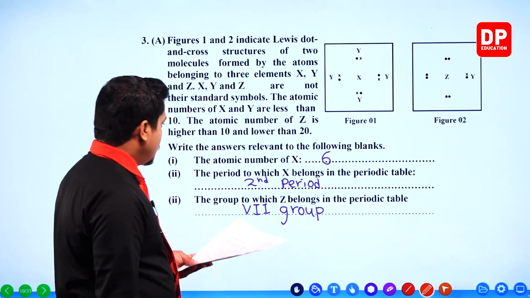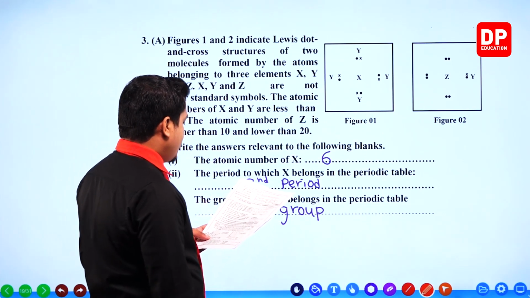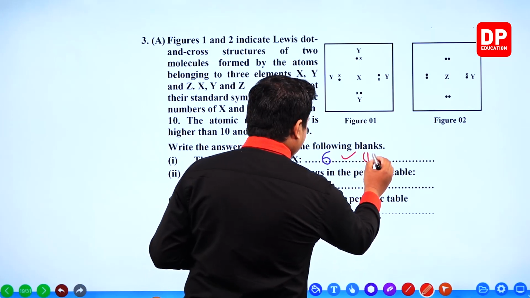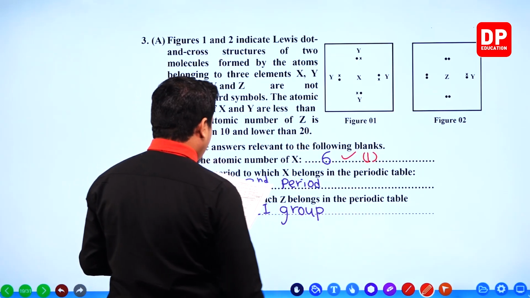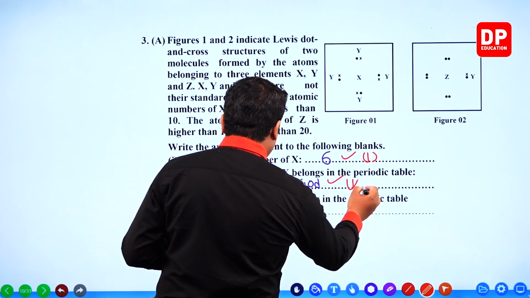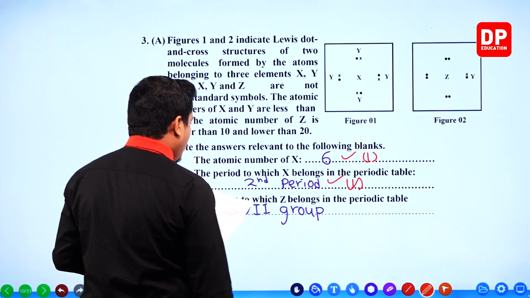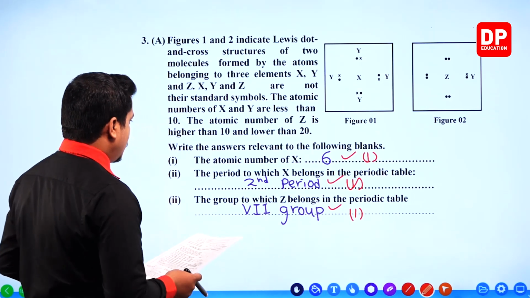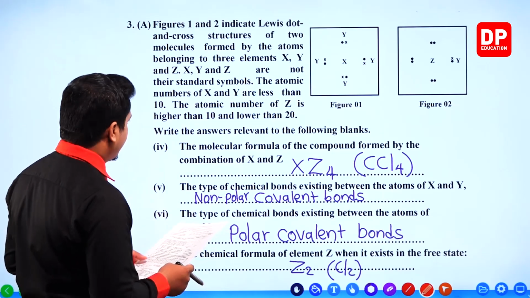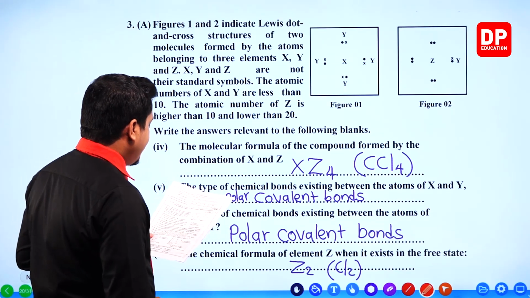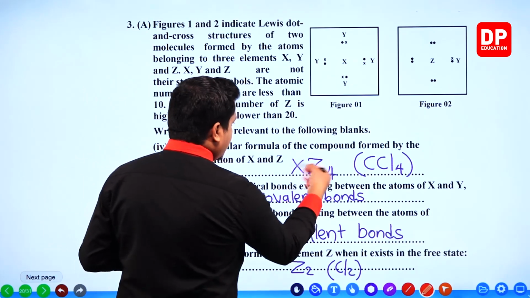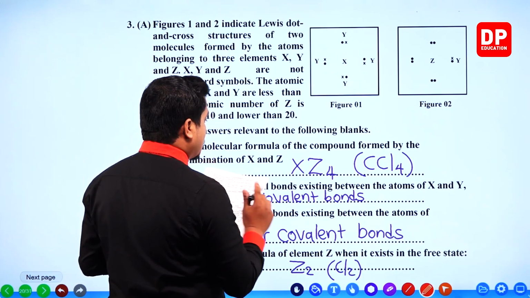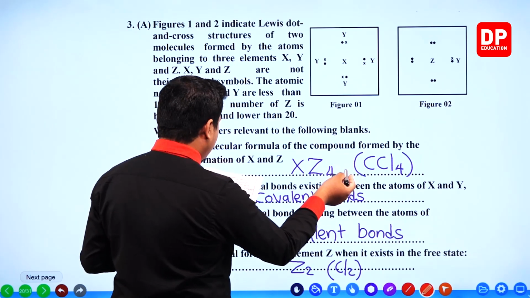Right. So for writing down the atomic number, 1 mark. Then for mentioning the period, 1 mark. Then for mentioning the group, 1 mark. Then for writing down the correct answer, actually they have given marks for both of these responses.